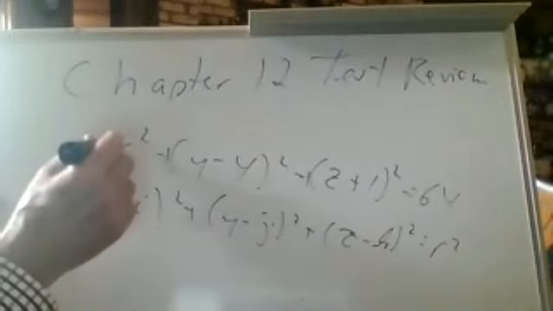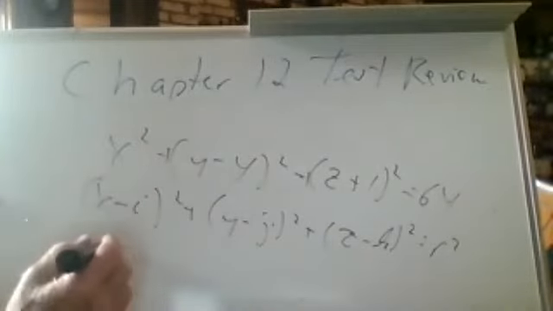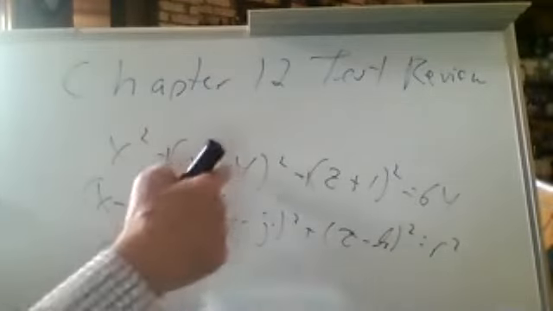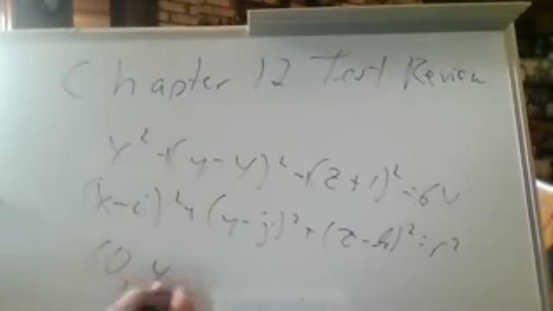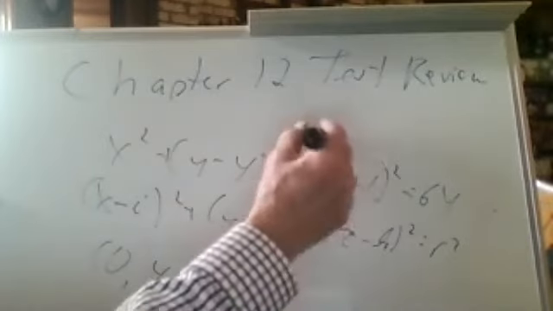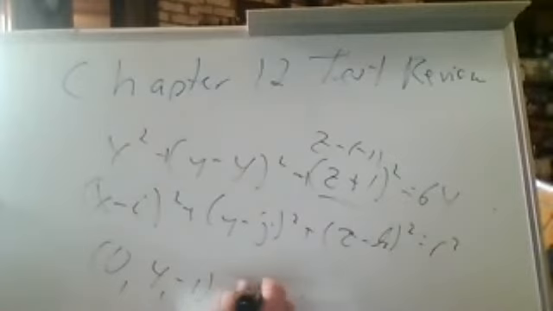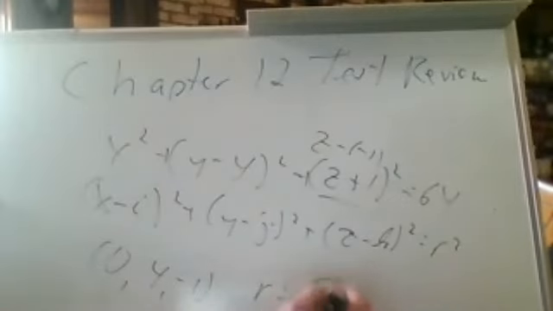So i is whatever comes after the x, which in this case is 0, right? And j is whatever comes after the y minus, which is 4. And z plus 1 is really z minus -1. So that's -1. And then r is obviously the square root of 64, whatever that is, okay? 0, 4, -1, square root of 64.